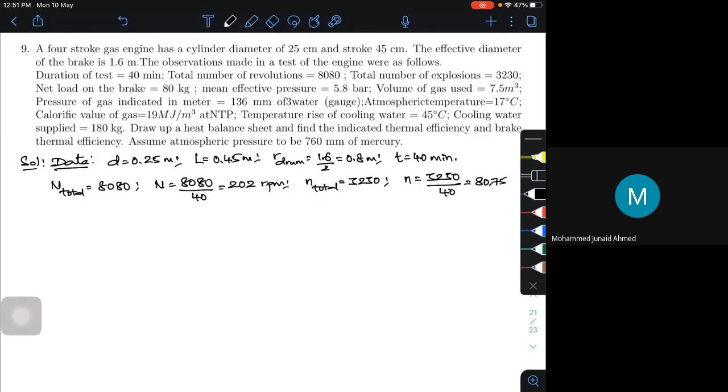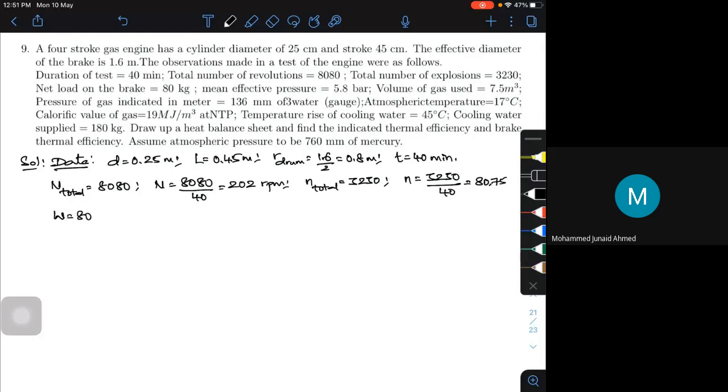Then net load is 80 kg, so 9.81 newtons per kg. The indicated mean effective pressure is 5.8 bar.